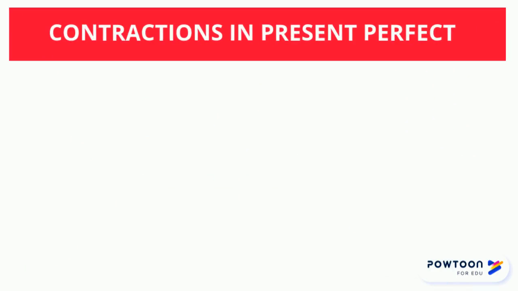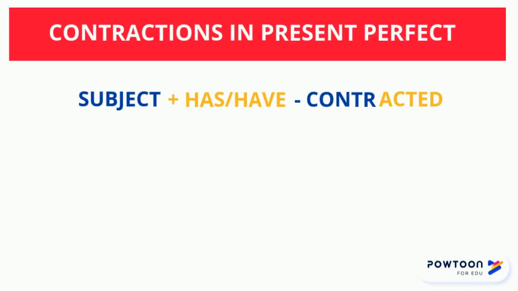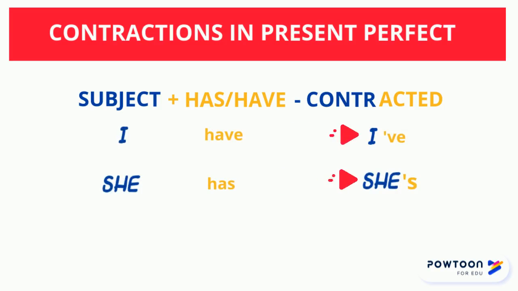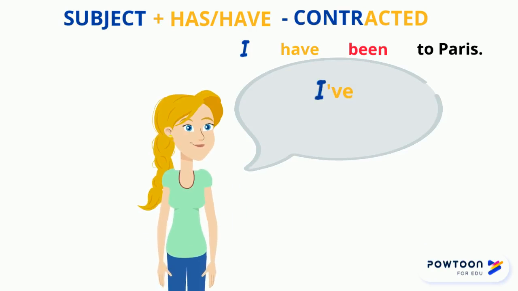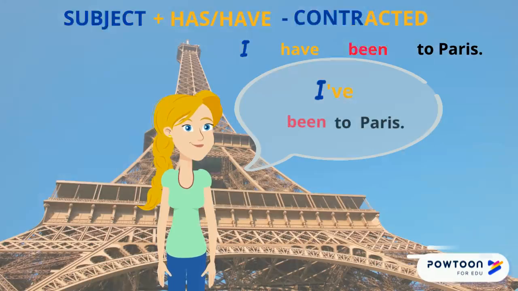Native speakers like using contractions in the present perfect. That's when you shorten the sentence by combining the subject and the verb has or have. It's faster, flows, and saves time. So instead of saying, I have been to Paris, you would combine the word I and the word have and say, I've been to Paris.